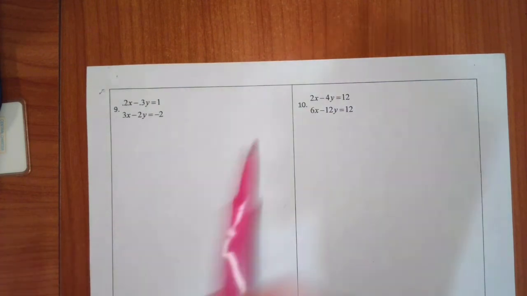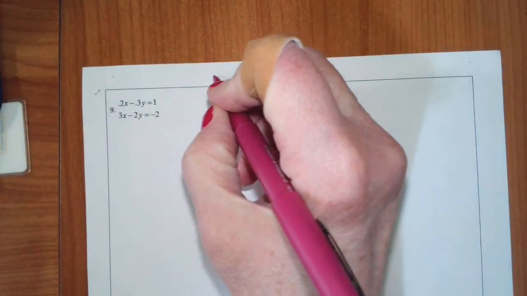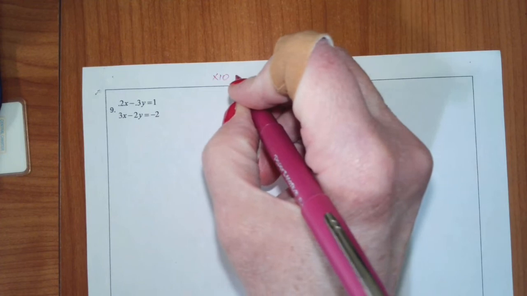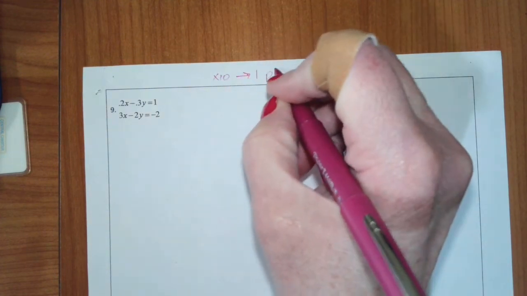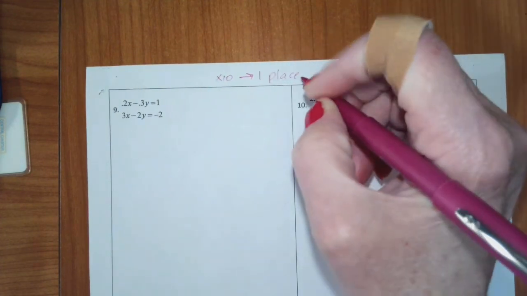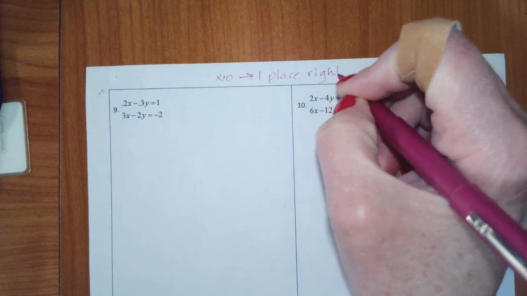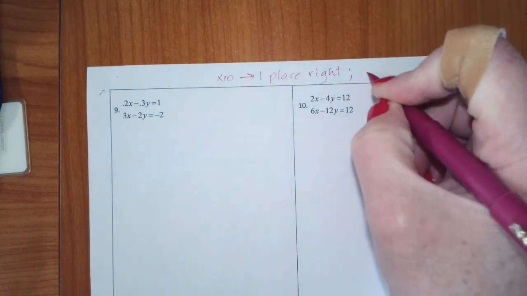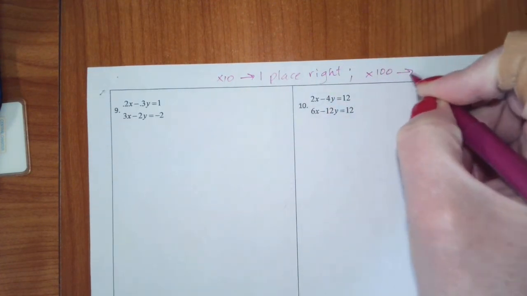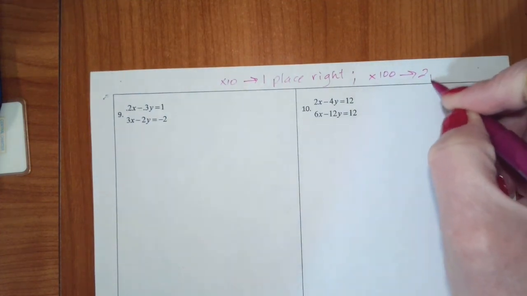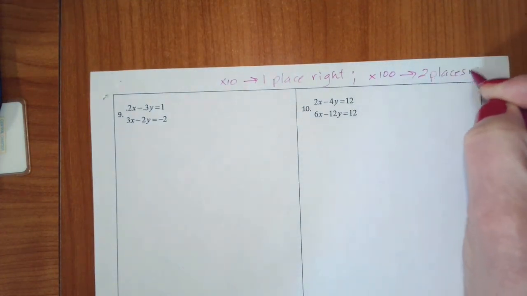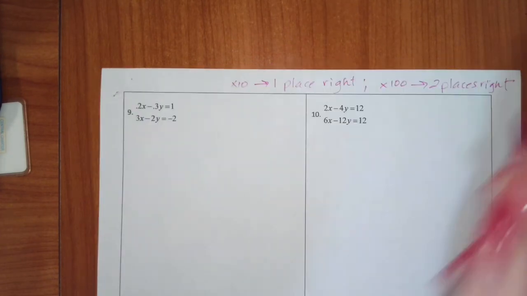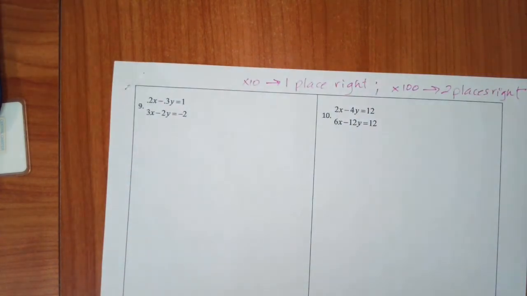If I multiply by 10, it moves the decimal one place right. If I multiply by 100, it moves it two places right, and so on.